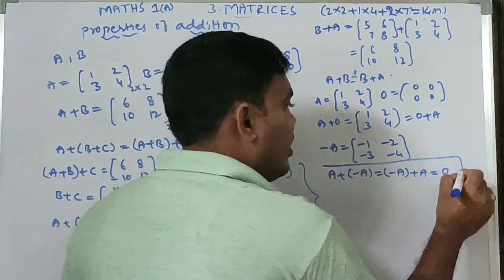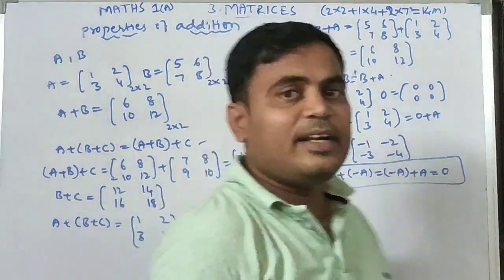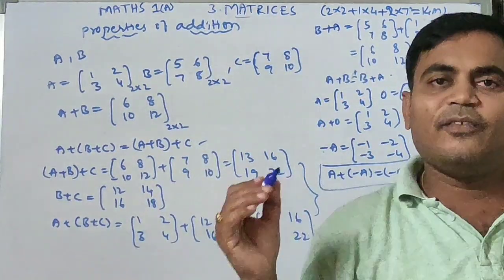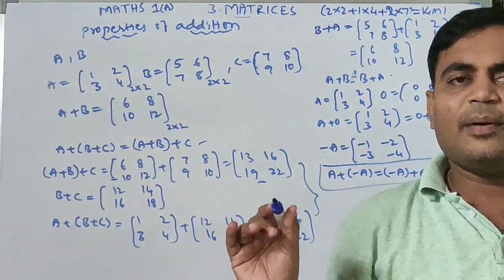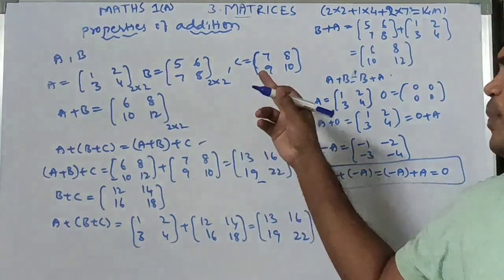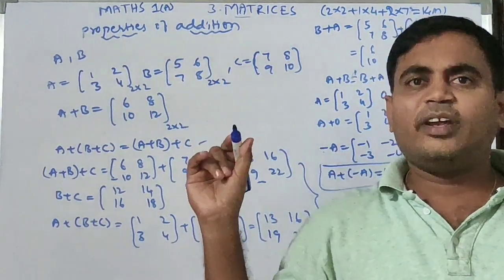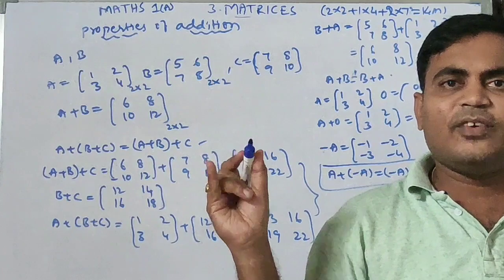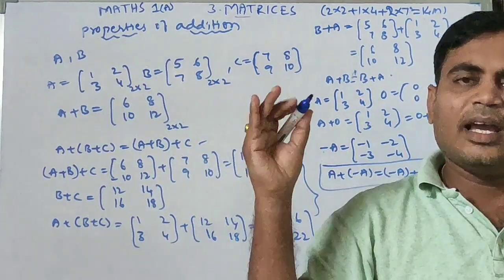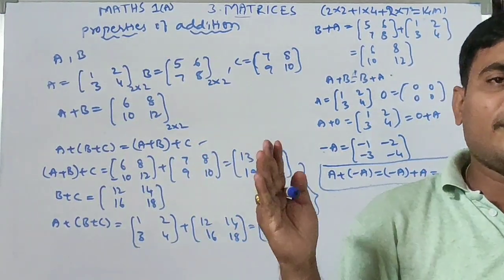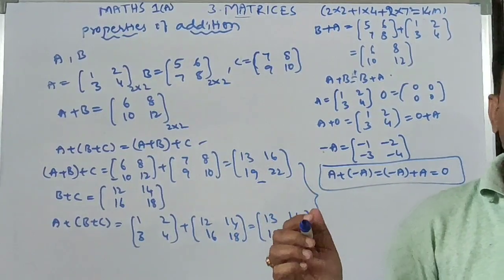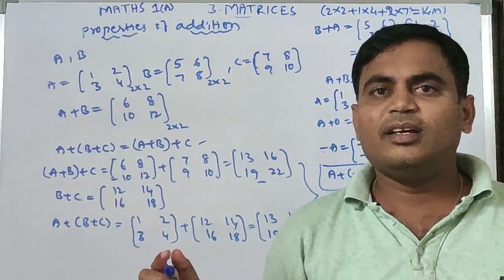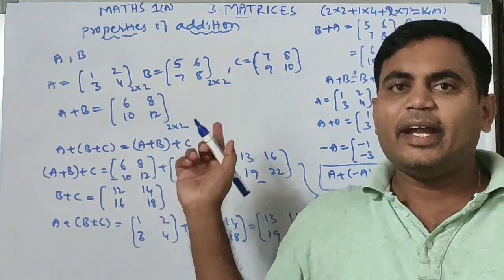So the additive inverse exists for every matrix. The properties satisfied with respect to addition are the closure property, associative property, identity property, inverse property and commutative property. These 5 properties are satisfied with respect to addition.